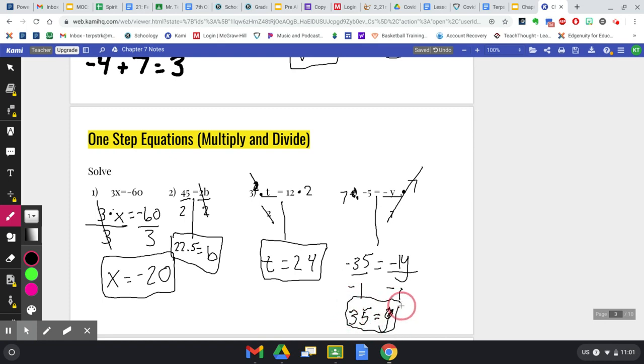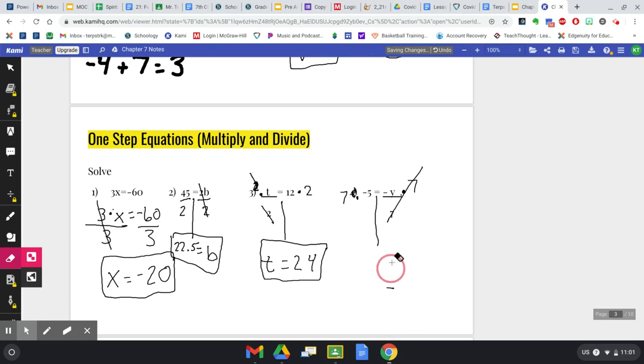So let me back up real quick and show you how this can be a one-step equation. So this is really, it doesn't matter where the negative goes. It could be down here with the negative 7. So if I did this, negative 7, right? Well, the 7s cancel here.